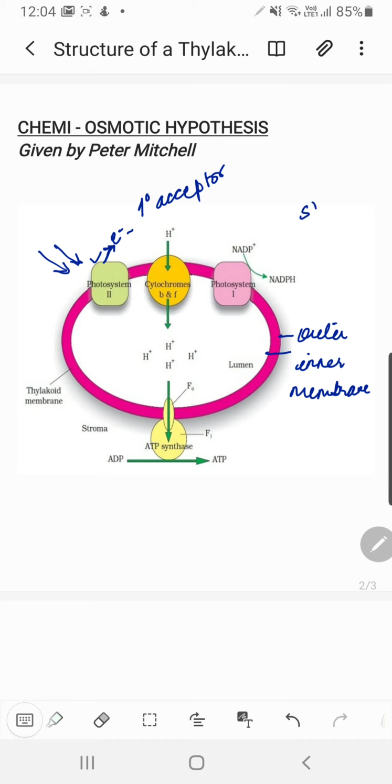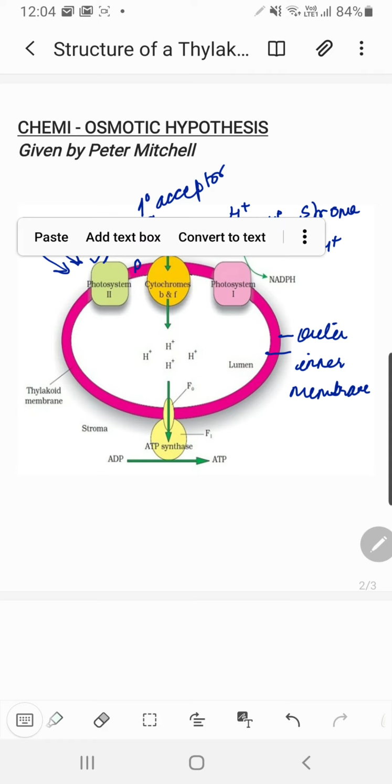In the surrounding stroma there are hydrogen ions present, right? So what happens next? This primary acceptor transfers the electron further, not to an electron carrier, rather to a hydrogen carrier. So here the hydrogen carrier will be PQ.